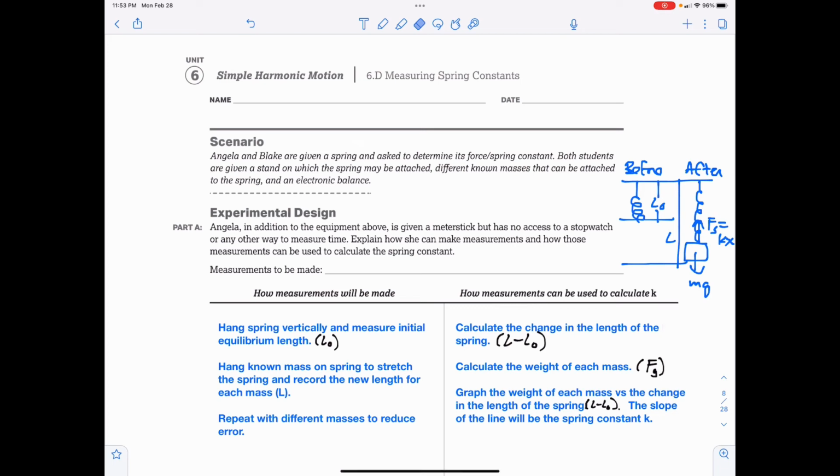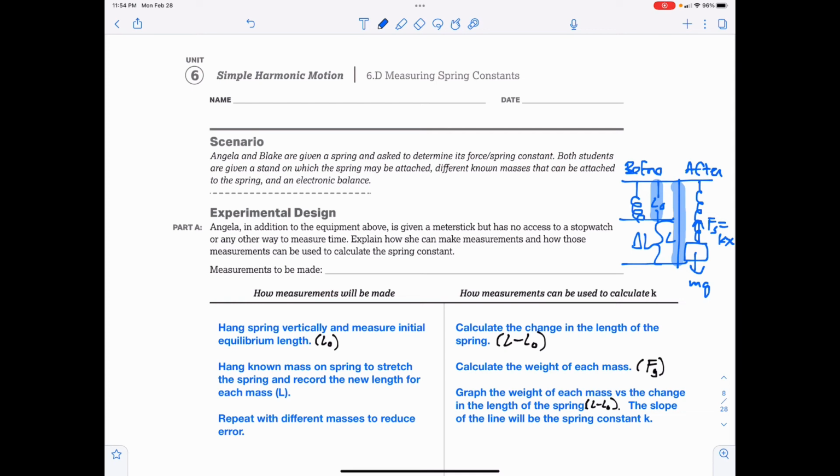Okay, now how can we calculate k? Well, first of all, we calculate the change in the length of the spring by taking the whole new stretch and subtracting the initial, and we get this value here, which is our displacement. We can call it delta L or delta x, whichever, it doesn't matter.